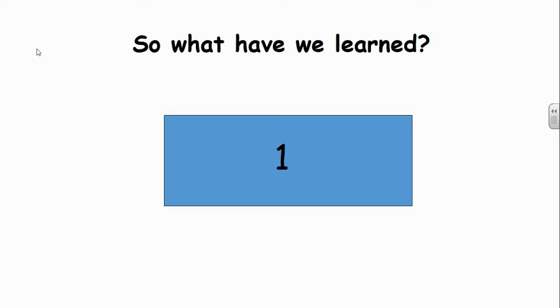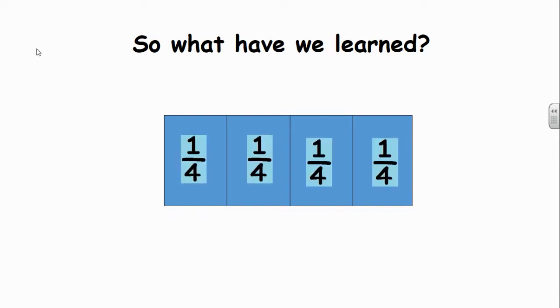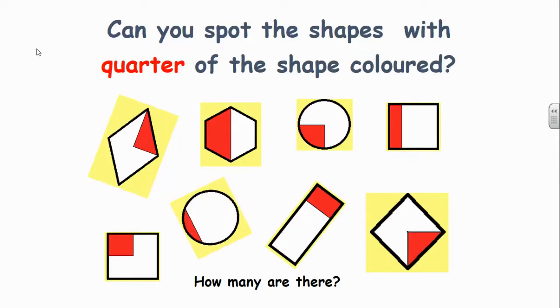So what have we learned in the past few days? We've got 1 whole rectangle here, split into 2 equal parts gives us half, split into 4 equal parts gives us quarter. 1/4 each. Right, can you spot the shapes with a quarter of the shape coloured?